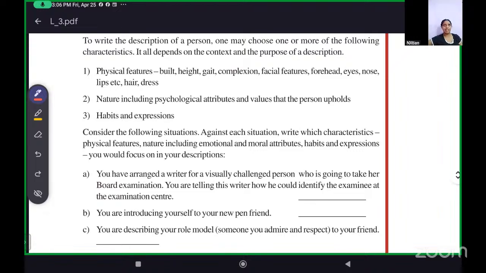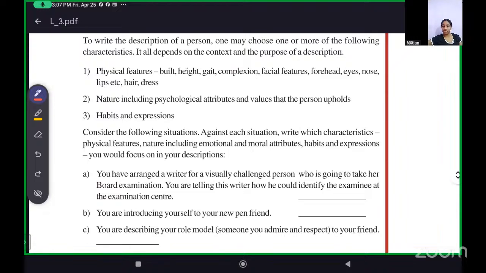She has a short height. She has curly hair. You can give the complexion. She has a fair complexion. She wears glasses. So like that you can give the description when you are telling the writer.